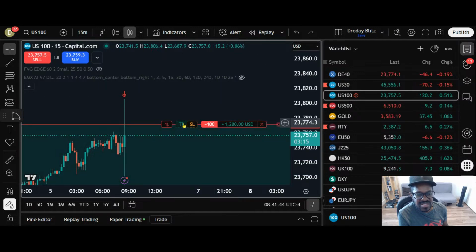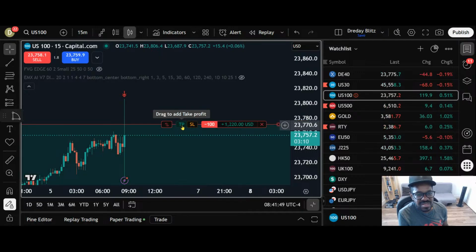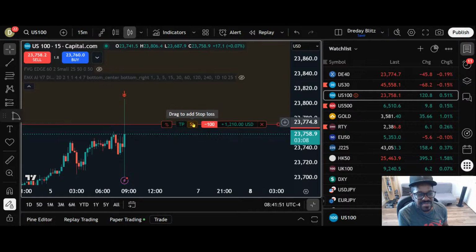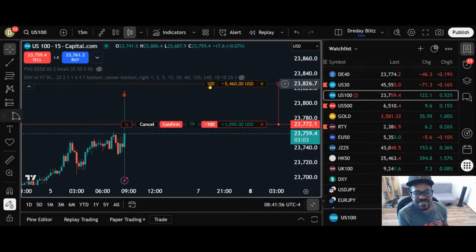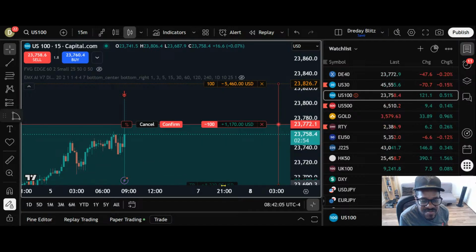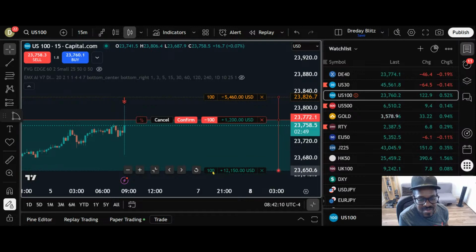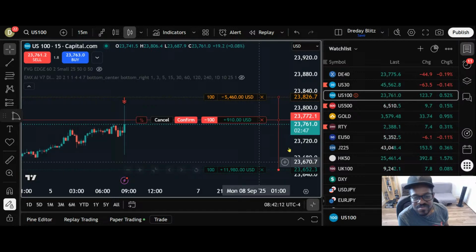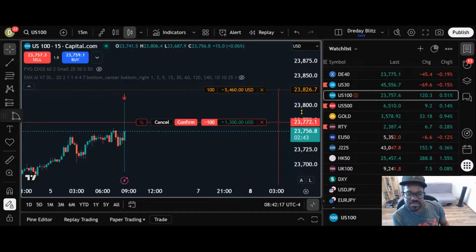I did take my TP and stop loss, but it didn't trigger. So once again, we're going to put it again. All right, so this position here is in profit right now.